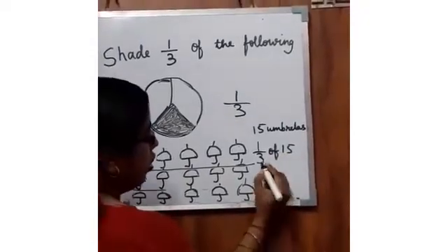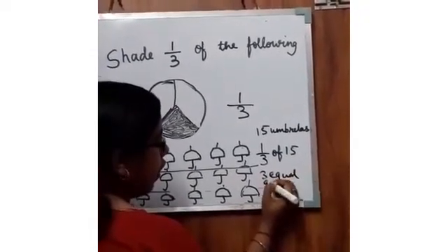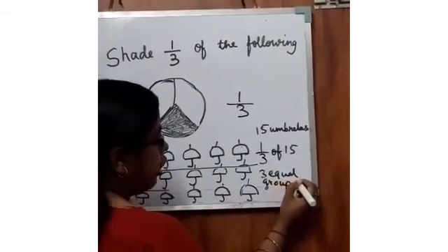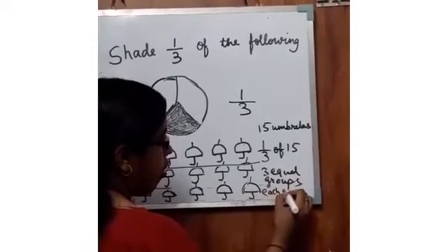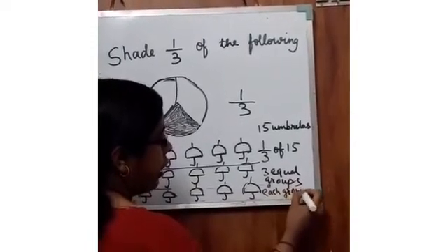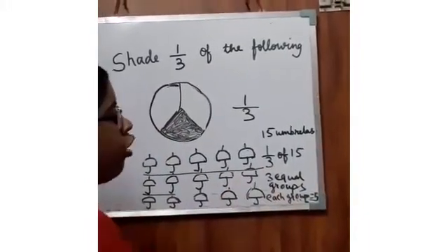Into 3 equal groups, and in each group how many umbrellas? 5. So 1/3 of 15.